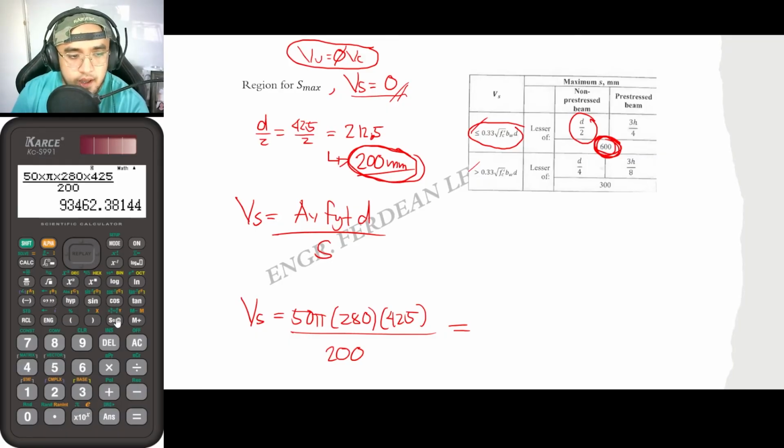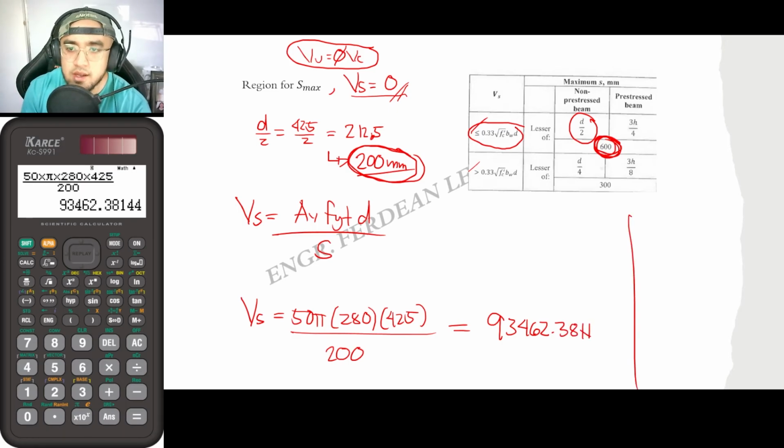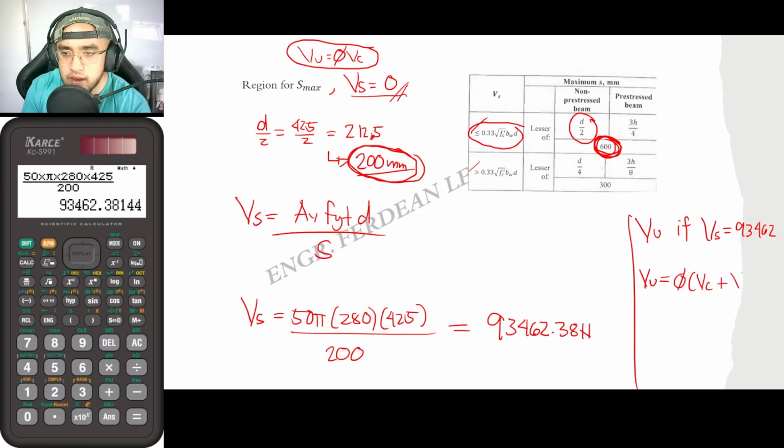Our answer here is 93462.38 newtons. But take note that we are actually solving for Vu and not Vs. So if Vs is equal to 93462, Vu is now equal to phi Vc plus Vs.